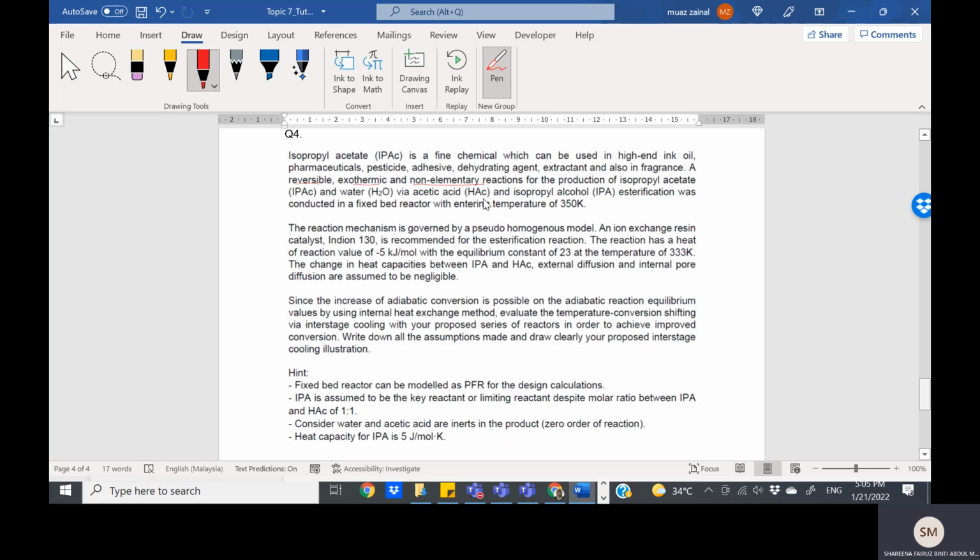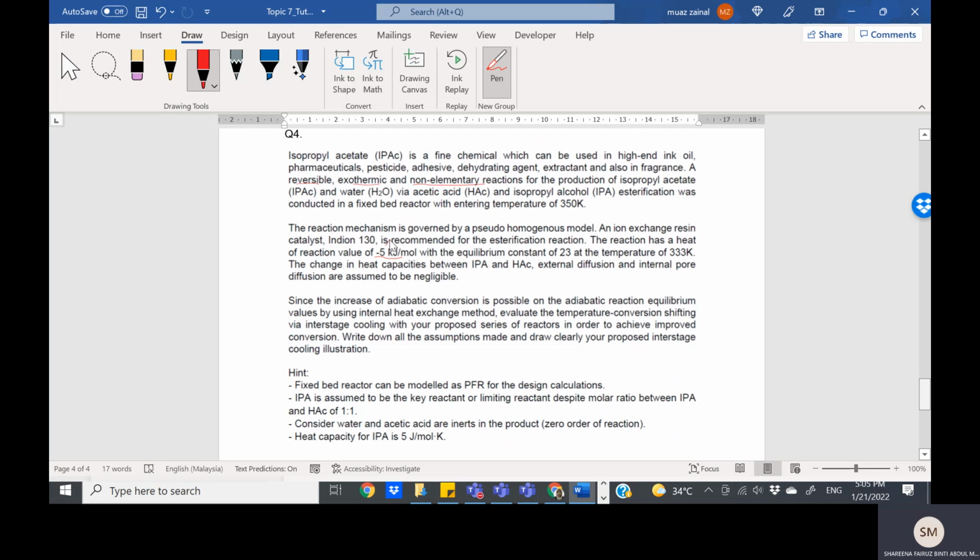The esterification was conducted in a fixed bed reactor with an entering temperature of 350 K. The reaction mechanism is governed by a pseudo-homogeneous model.